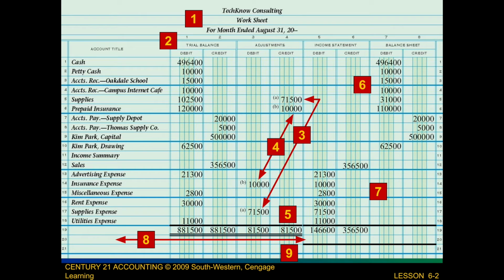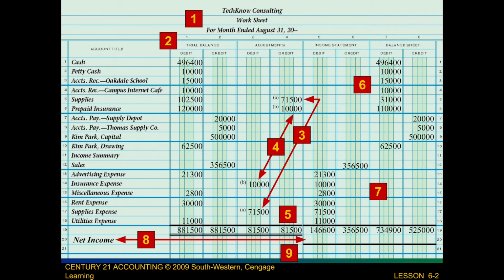Now, for the income statement column, if you look here, the sales is higher than the expenses. So since the sales are higher than the expenses, we have made a net income. To calculate the net income, we take the income statement credit column and subtract it from the income statement debit column, and that will give us our net income.